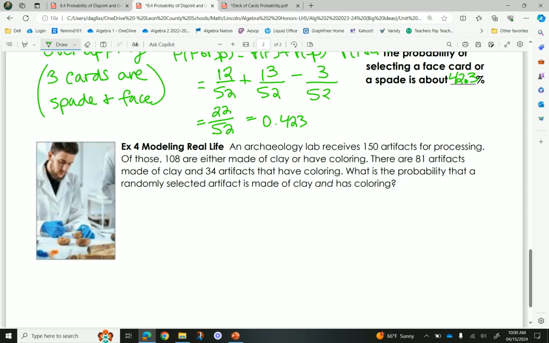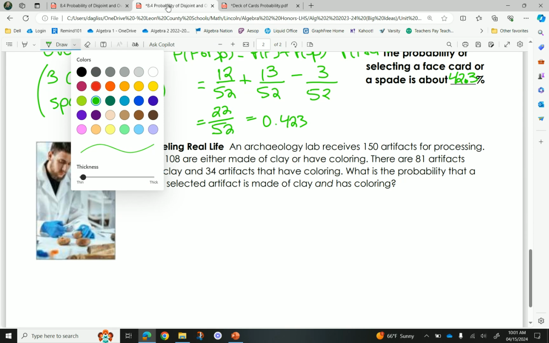An archaeology lab receives 150 artifacts for processing. Of those, 108 are either made of clay or have coloring. There are 81 artifacts made of clay and 34 artifacts that have coloring. What is the probability that a randomly selected artifact is made of clay and has coloring?